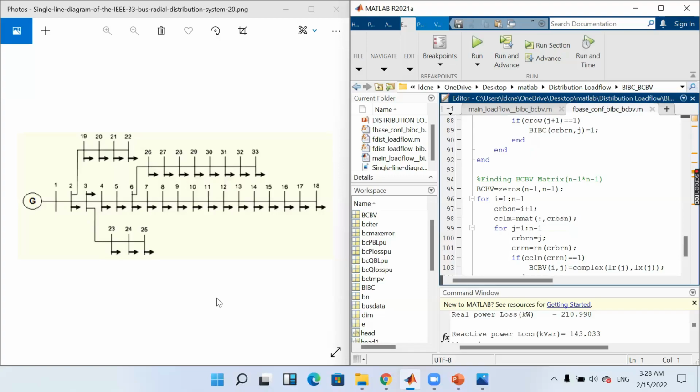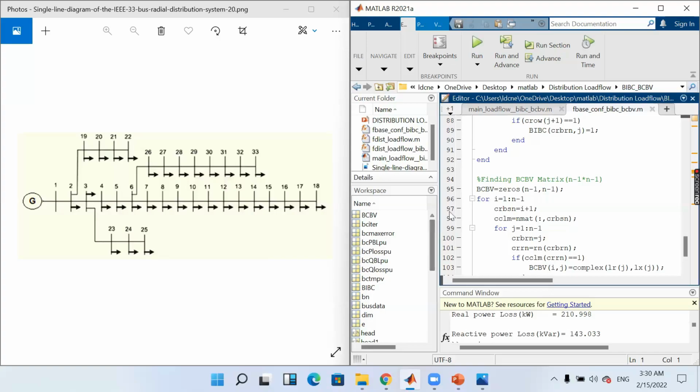Now, the column of NMAT gives us the information that for feeding the corresponding bus, the power must flow through which buses. So here we see that for feeding the load of 25, power must flow through buses 1, 2, 23, 24, and 25.